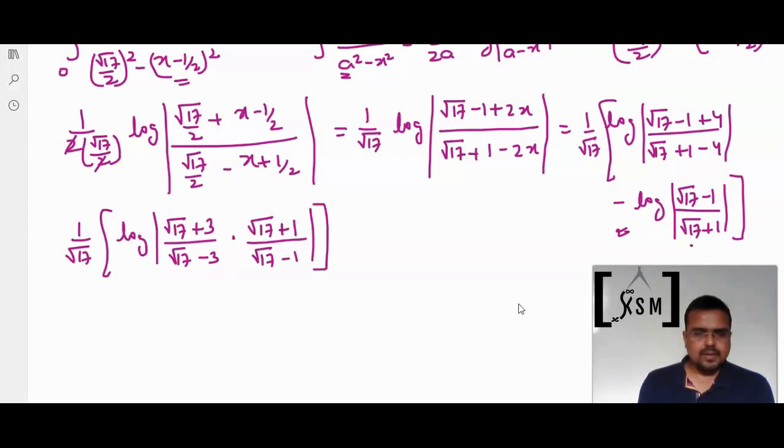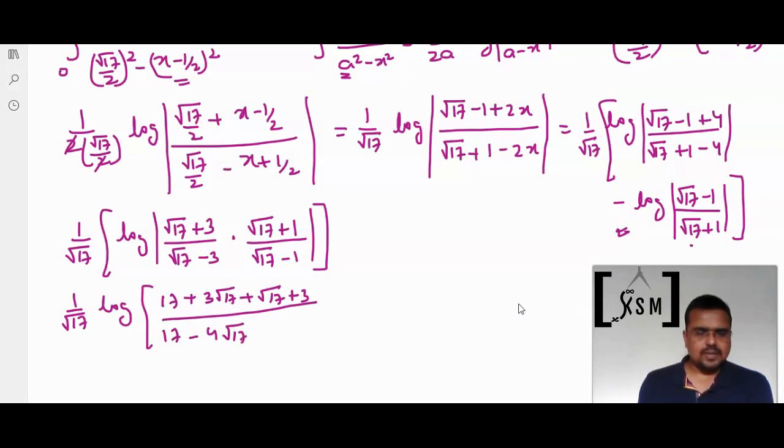I have applied the log properties. Good guys, so that is 1 over root 17 log of, we'll just multiply them, right? So I get 3 root 17 plus root 17 plus 3 over 17 minus 4 root 17 plus 3.